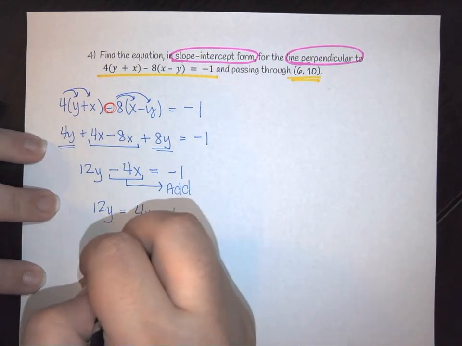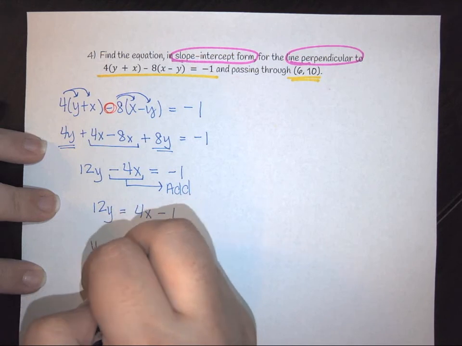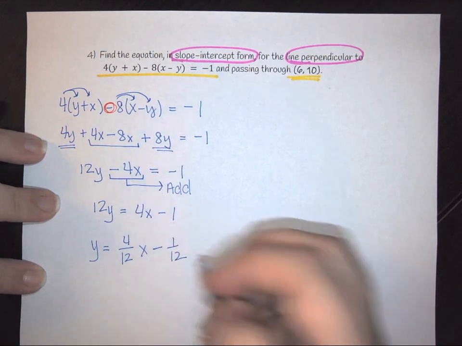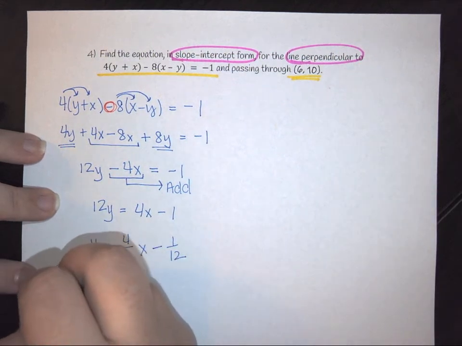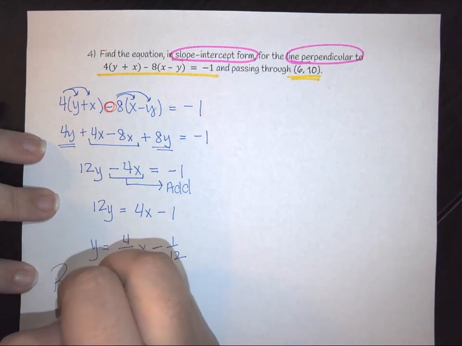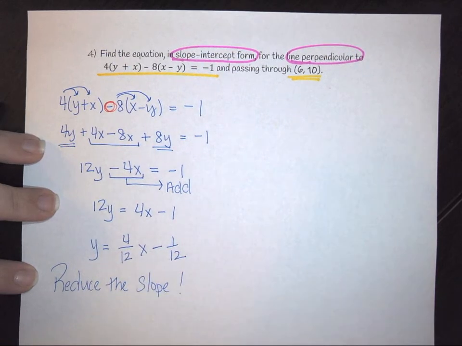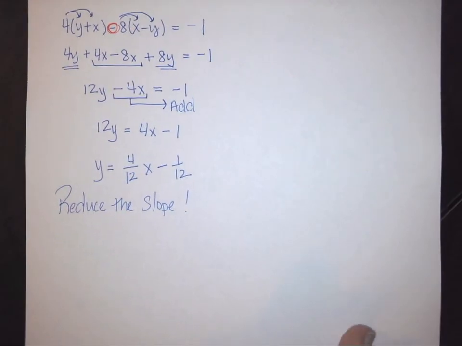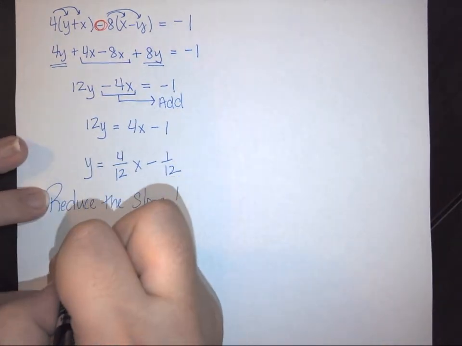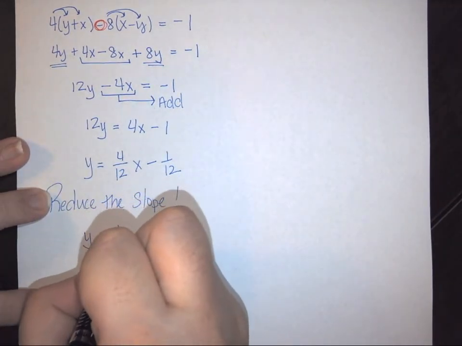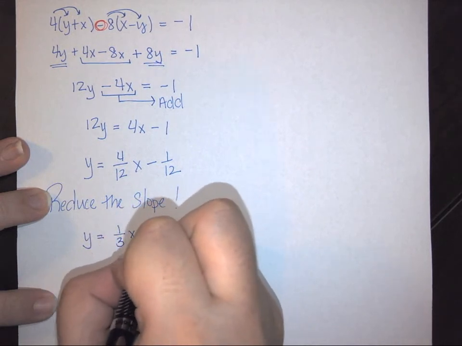And y is going to be 4 over 12x minus 1 over 12. I need to make sure that I reduce the slope. 4 over 12 can simplify down, so this really becomes y equals 1/3 x minus 1/12.